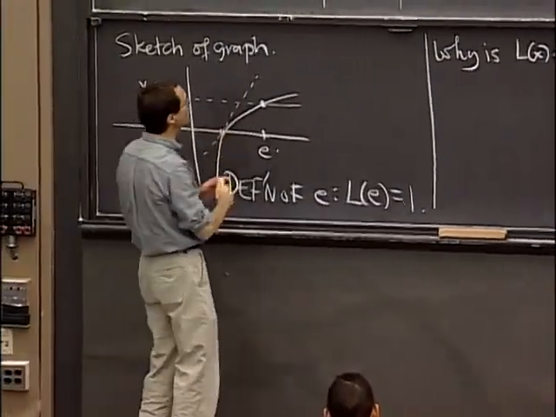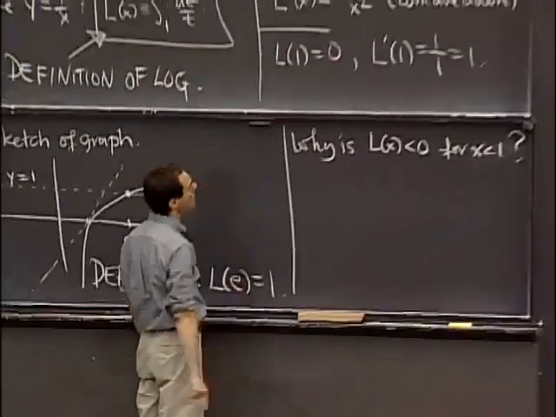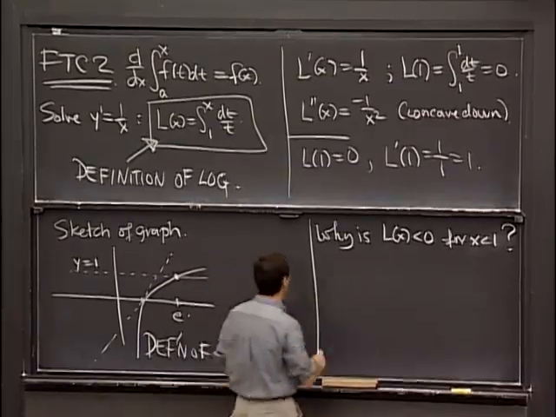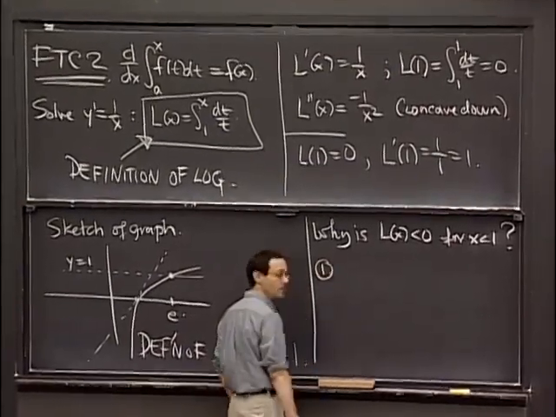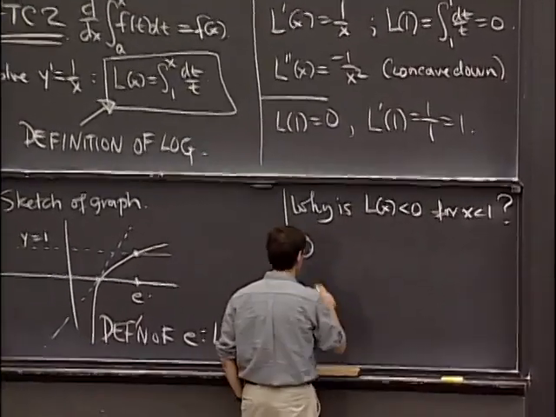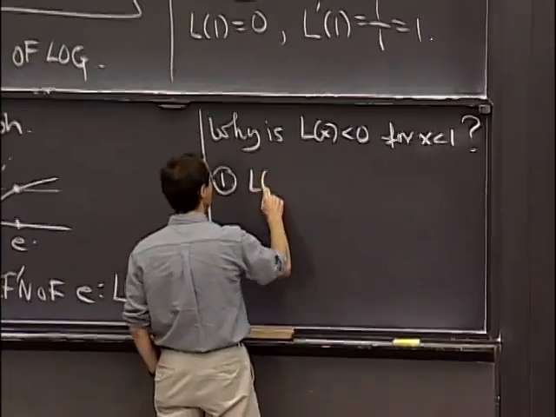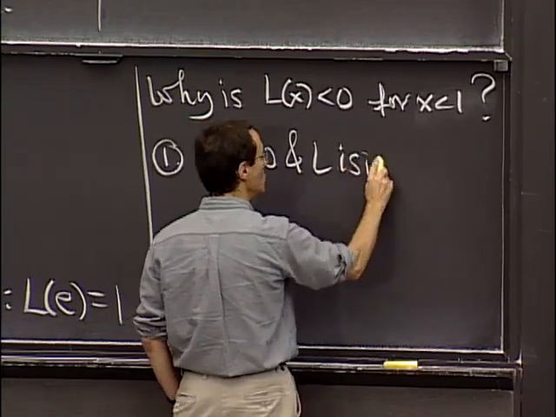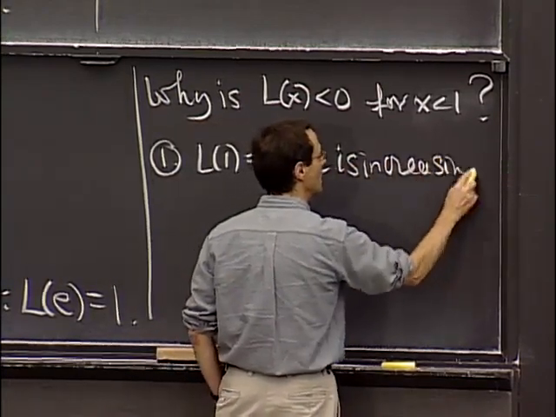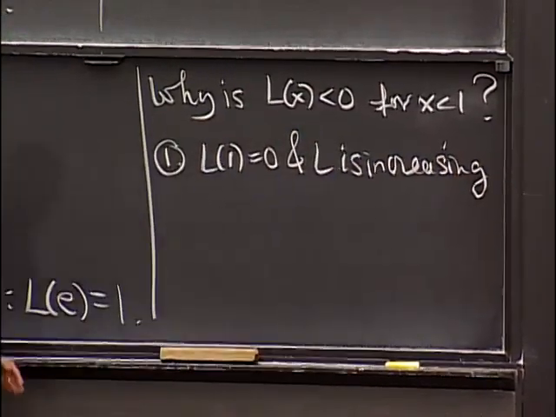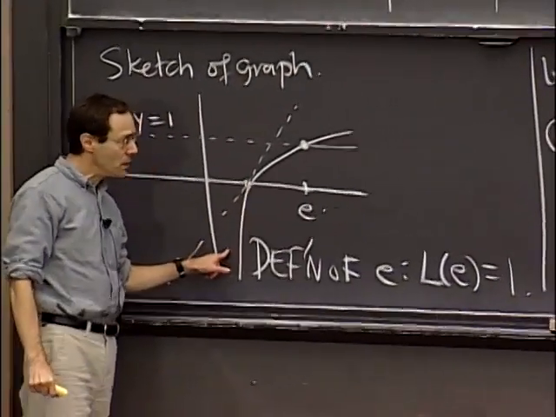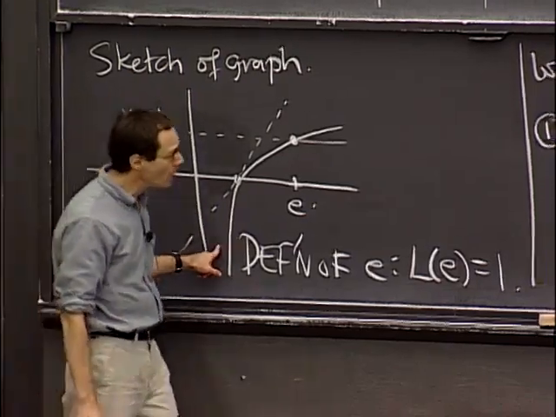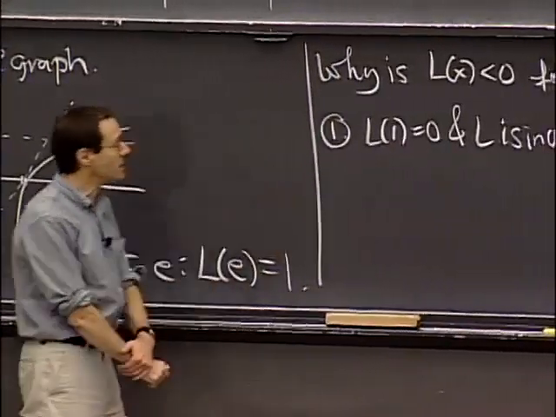Again, we're only working from very first principles here, just the property that L prime is 1 over x and L of 1 is 0. So our first reason is that, well, I just said it, L of 1 is 0 and L is increasing. If you read that backwards, if it gets up to 0 here, it must have been negative before. All right, so this is one way of seeing that L of x is negative.